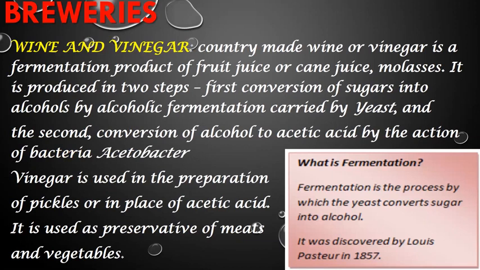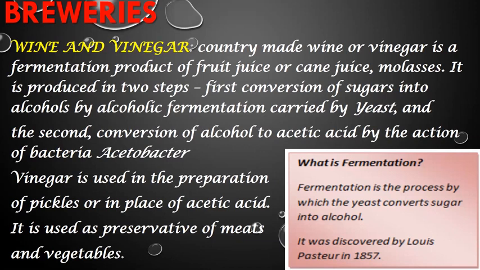Let's study about wine and vinegar. Country-made wine or vinegar is a fermentation product of fruit juice or cane juice or molasses. It is produced in two steps. First, conversion of sugars into alcohols by alcoholic fermentation carried out by yeast, which is a fungus.